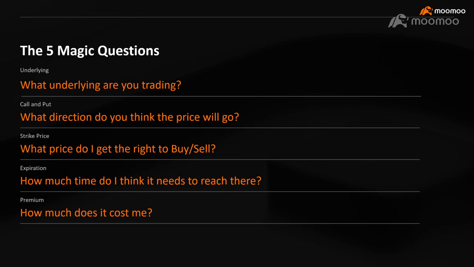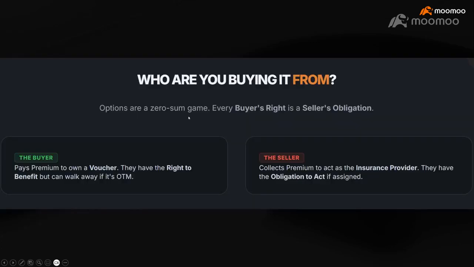You need to pay. How much does it cost me? For chapter one, I made it easy because we only covered the long side, buying an option. It's much easier to understand the components that we have covered.